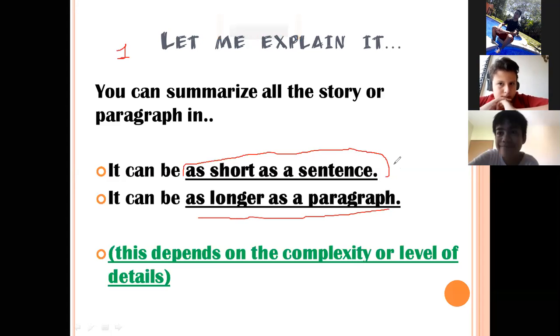But these are the typical ones, okay? I wrote this in parentheses because this depends on the complexity or level of details, okay? This depends on your knowledge. Okay, 30 seconds to copy this.